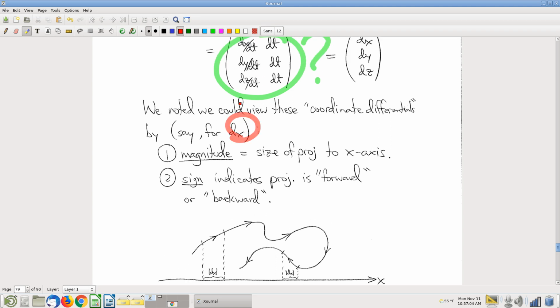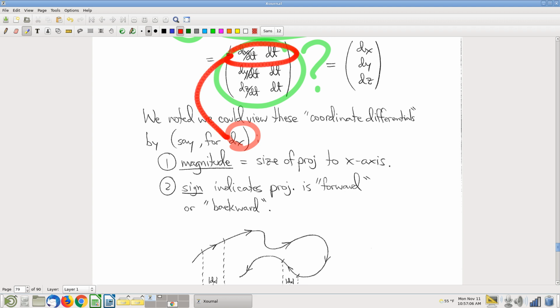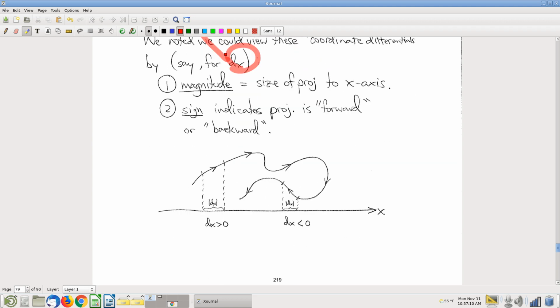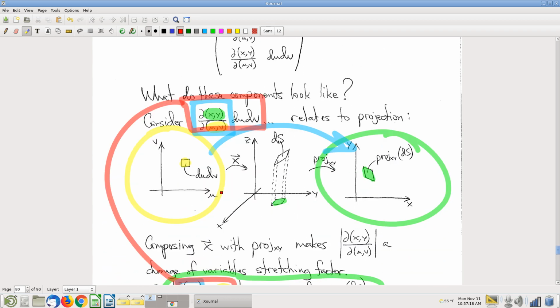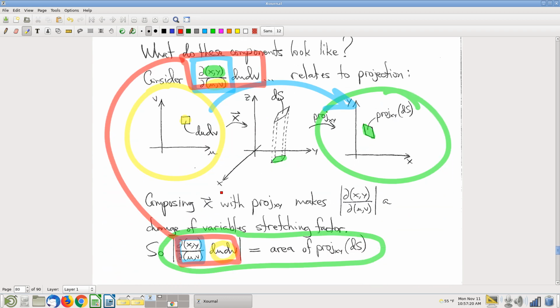This thing that we're trying to make sense out of over there is a thing whose absolute value is the size of the projection of that little piece of curve. So the analogy is very, very strong. The calculation's a little weirder, a little less viscerally familiar, but the result is extremely analogous.